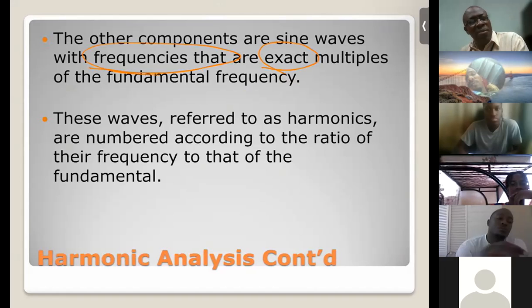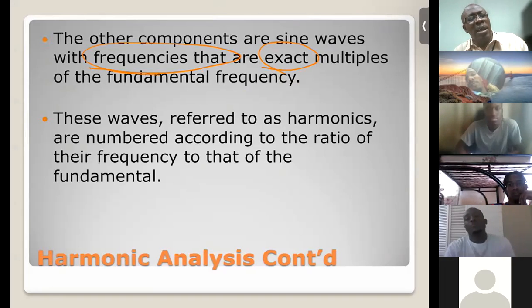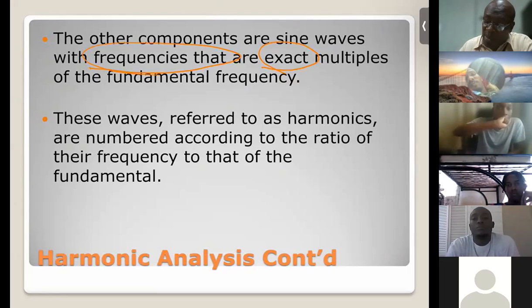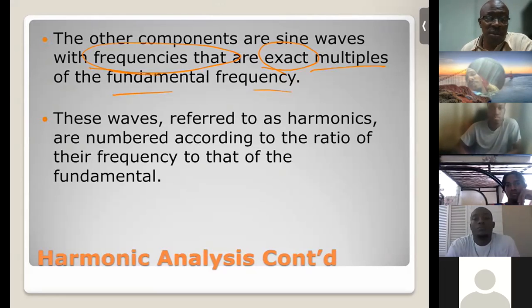But the general statement we are making is that there are some other waves in addition to the fundamental, which have frequencies which are multiples of the fundamental frequency. And these waves we refer to as harmonics. All right? And then we refer to these harmonics ordinally.